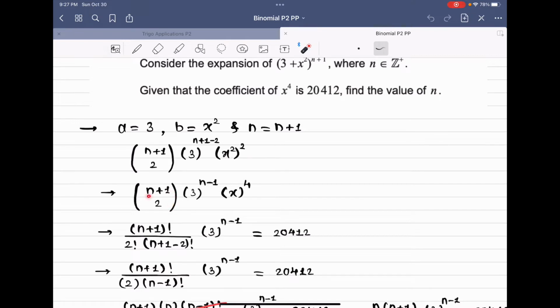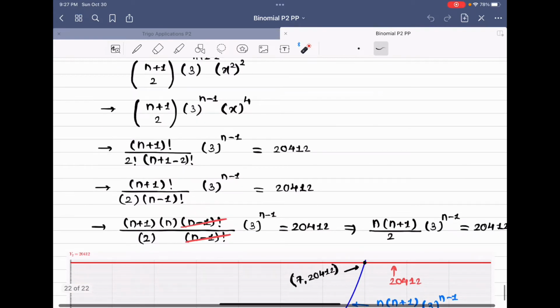It says n factorial, that is (n + 1) factorial, over r factorial, that is 2 factorial, times (n + 1 minus 2), that is (n minus 1) factorial, times 3 raised to n minus 1 as it is. Now (n+1)! over 2!(n-1)!, times 3^(n-1), is 204,12.